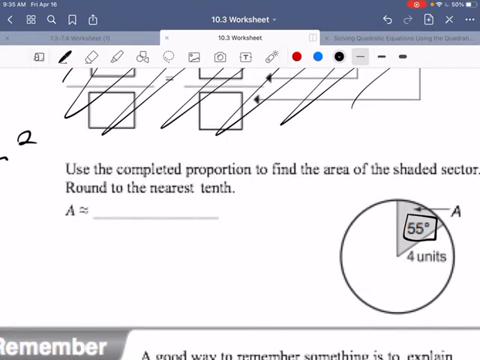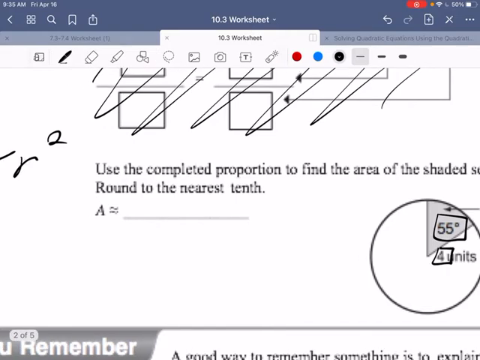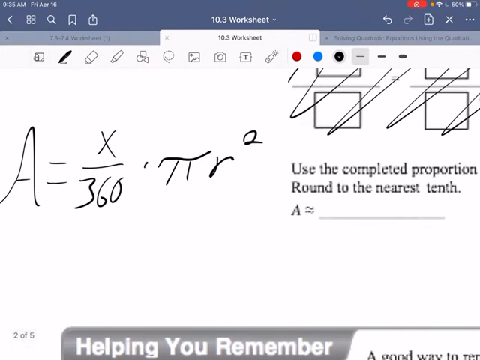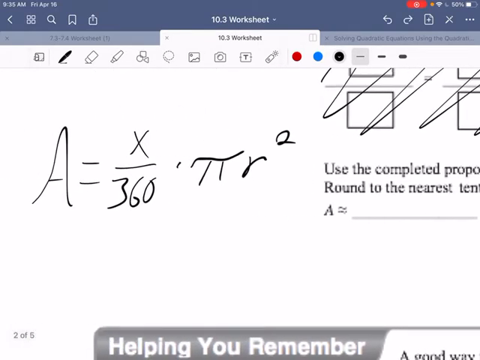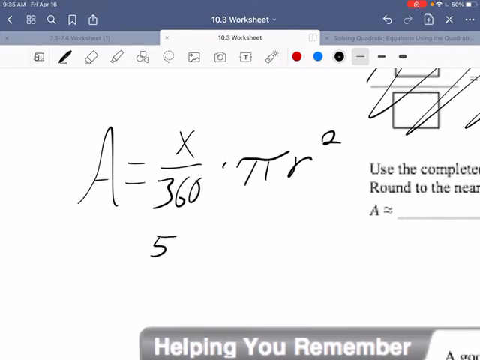So we're going to plug that into our formula. With our x being 55, we've got 55 over 360 times 3.14 times 4 squared.